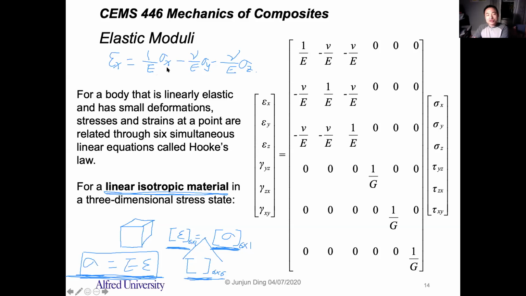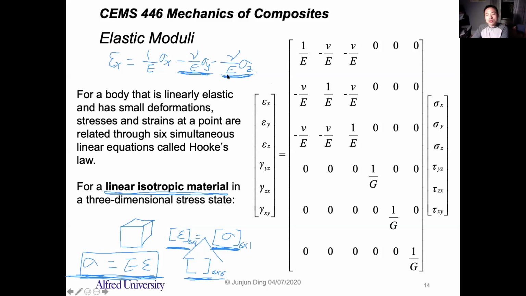If you only have a stress in the x direction, this can be easily calculated based on Hooke's law, right? So what are those two other parts? Those two parts are based on the Poisson ratio, right? If you have the stress applied in the y direction, based on the Poisson effect, this stress in the y direction also contributes to a strain in the x direction, right?